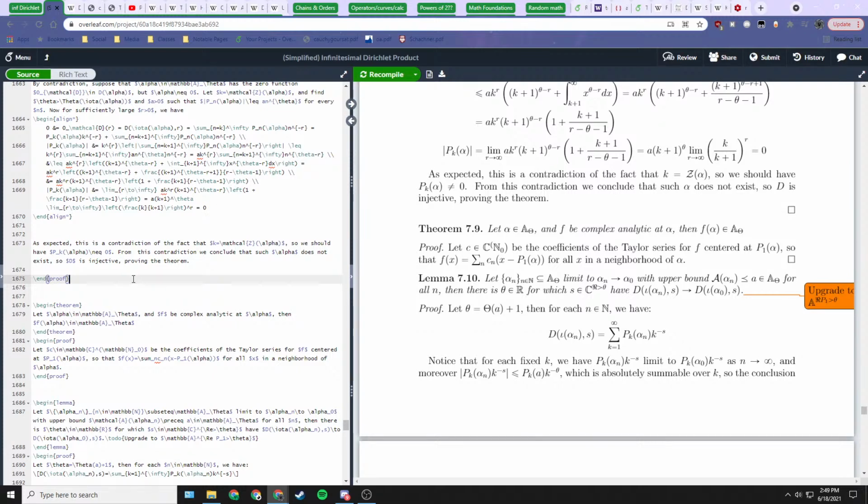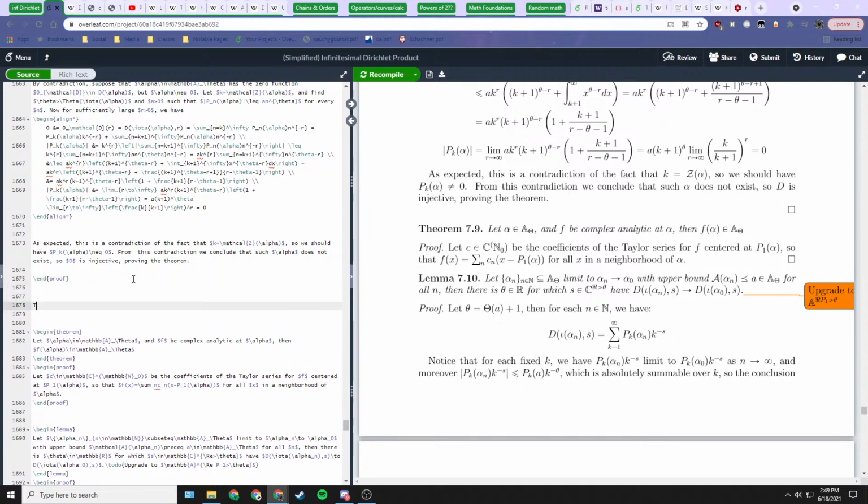Okay, so we'll do it this way. To work up to our last theorem, we need some more supporting tools. So we're going to define some operations.